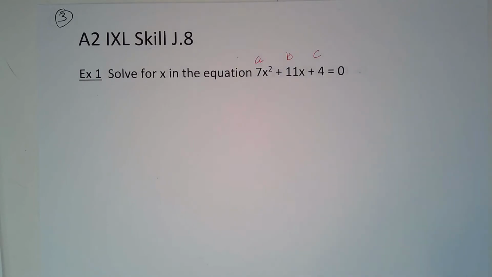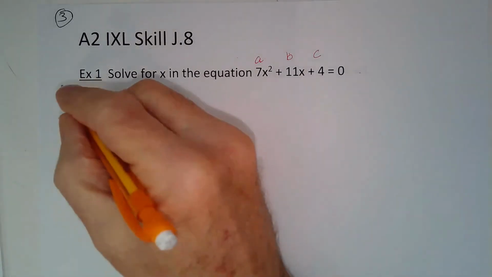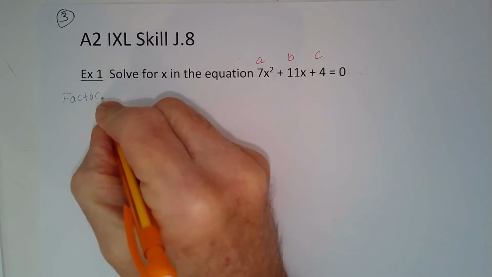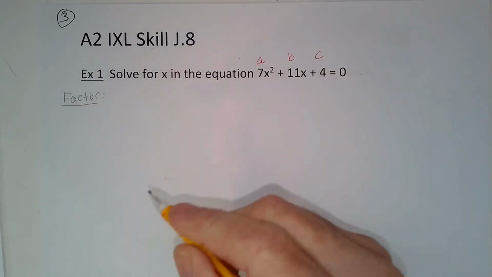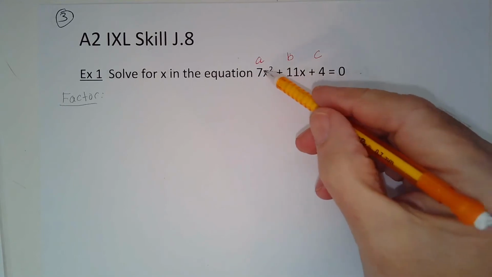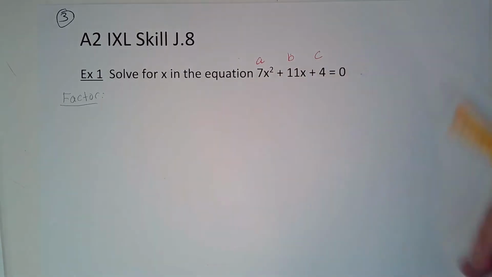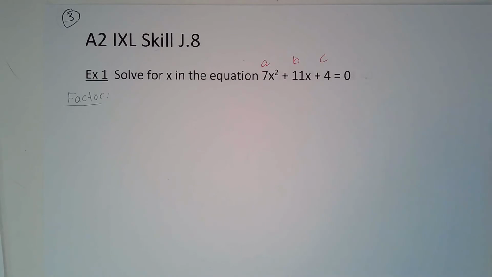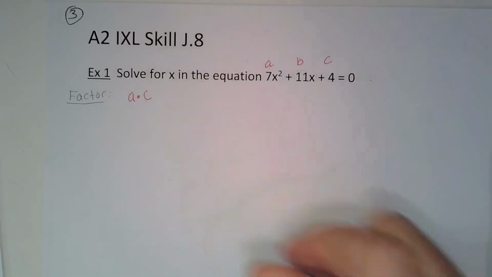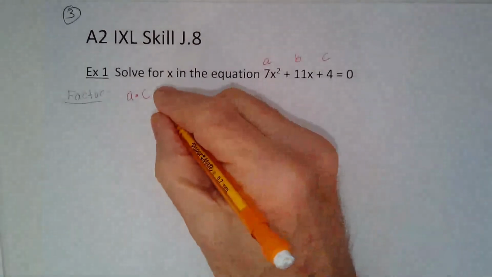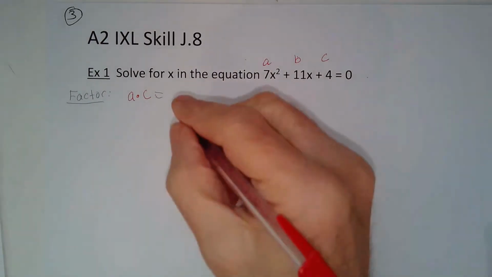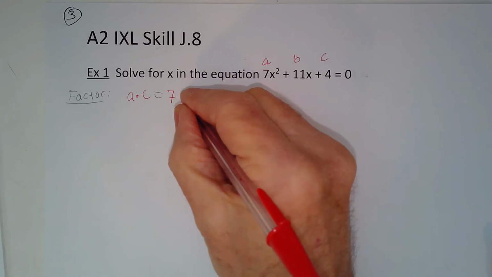And your job here is, first you've got to factor this equation. So we're going to factor, and we're going to start out by taking a times c here. So we're going to take a times c, and a times c in this case is going to equal 7 times 4.